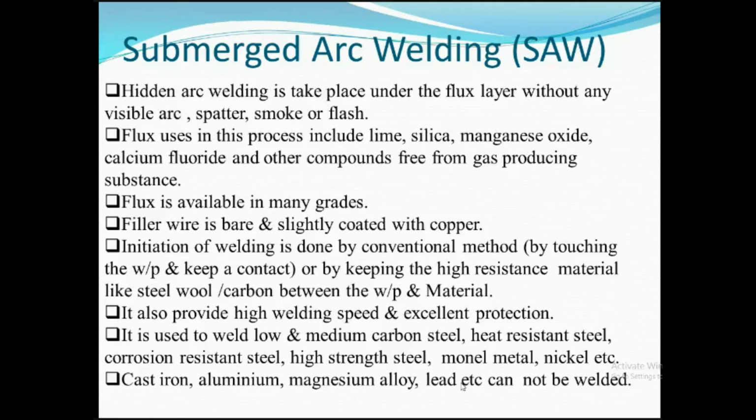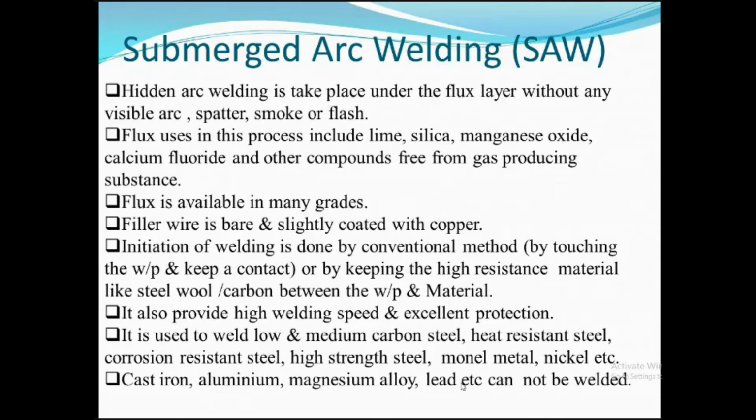Flux used in this process includes lime, silica, magnesium oxides, calcium fluorides and other components free from gas-producing substances. Whatever flux we generally use in submerged arc welding is free from gases. Flux is available in many grades.